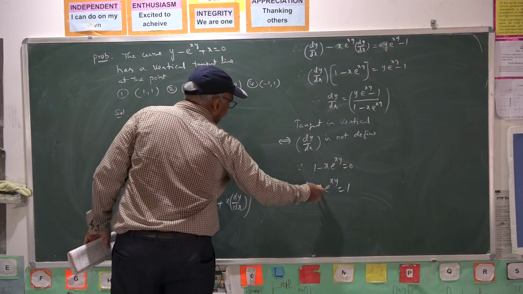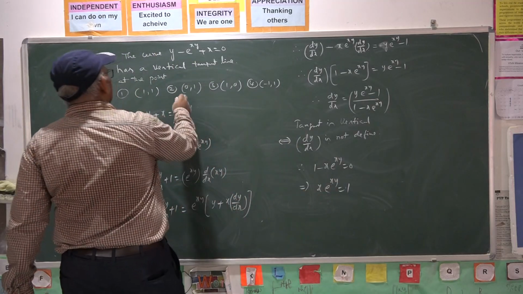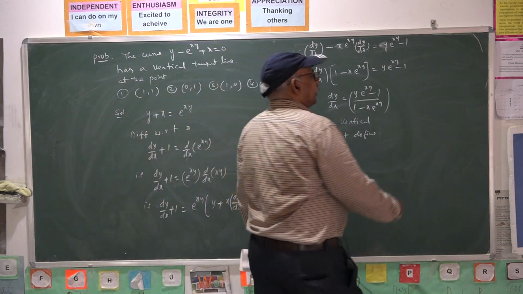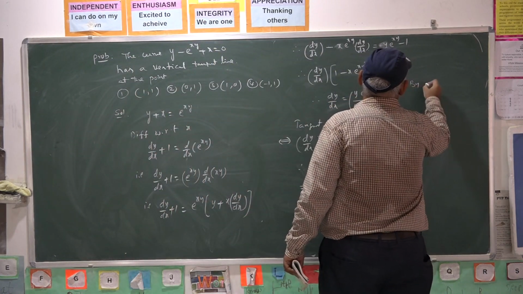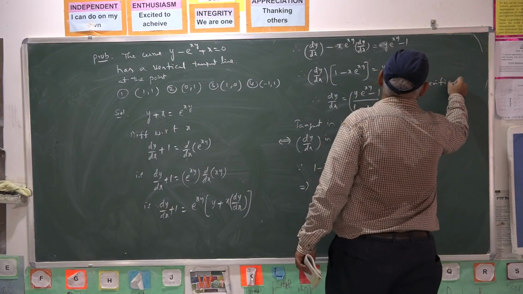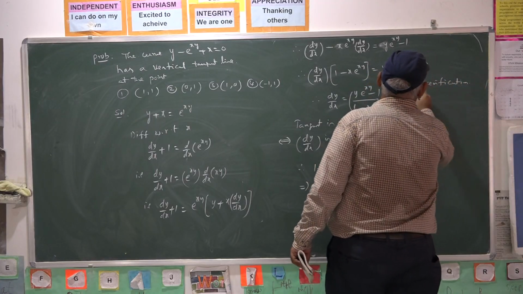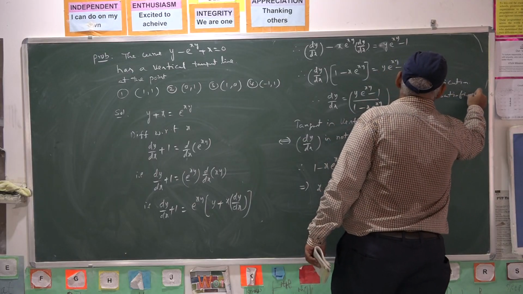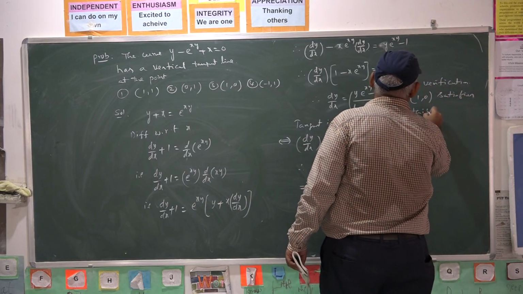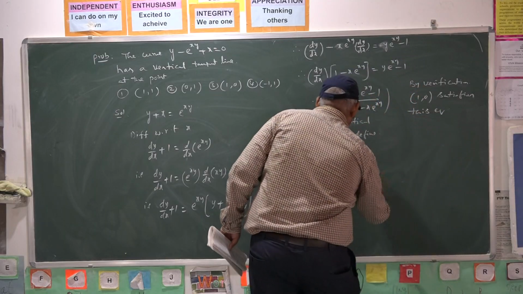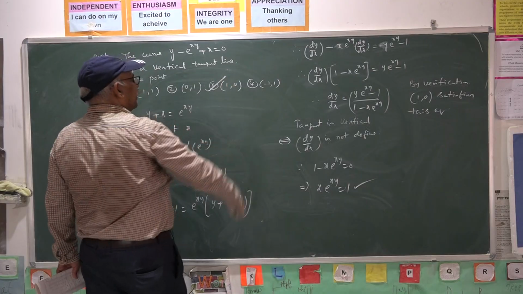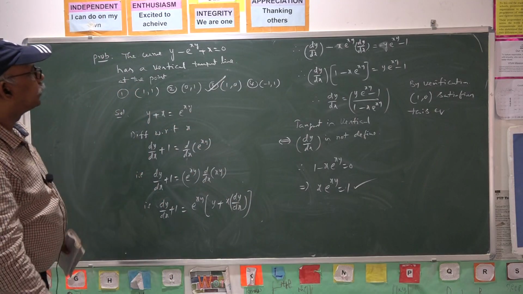Taking x equal to 1 and y equal to 0, this one is satisfied. So by verification, (1, 0) satisfies this equation. Hence the required point is (1, 0) itself.